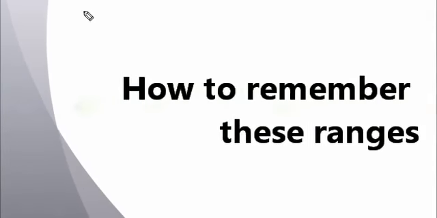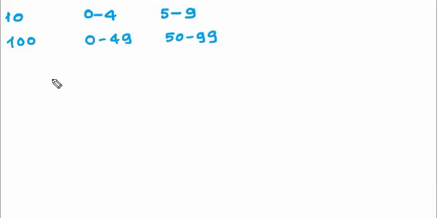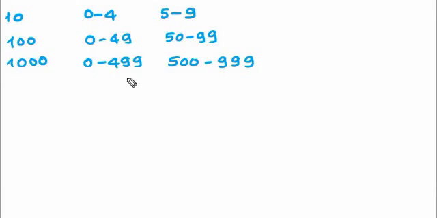While rounding off, we used the ranges 0 to 4 and 5 to 9 when we were rounding off to the nearest tens. When we are rounding off to the nearest 100, we use 0 to 49 and 50 to 99. Then when we were rounding off to 1000, we use the range 0 to 499 and 500 to 999. It is very difficult to remember the ranges. So what we can do is we will just observe the pattern.